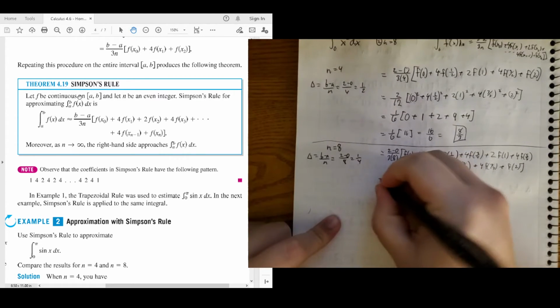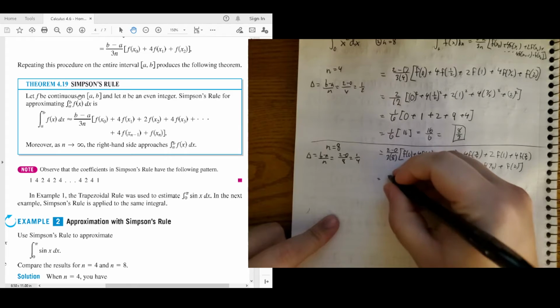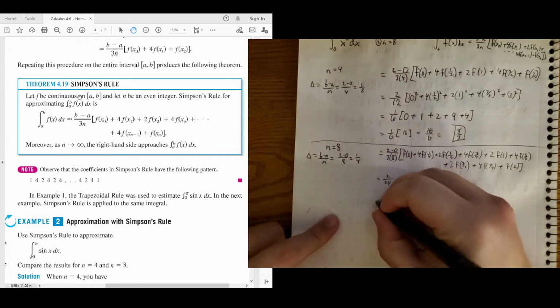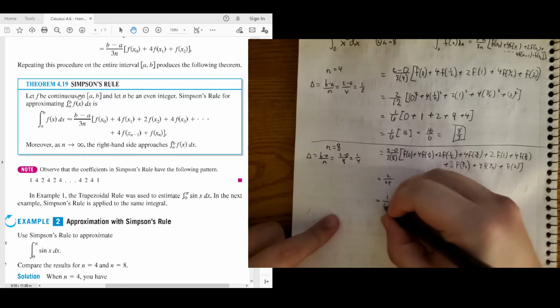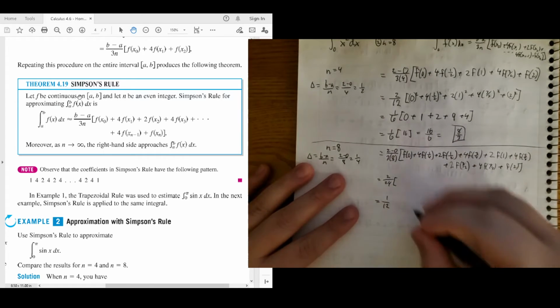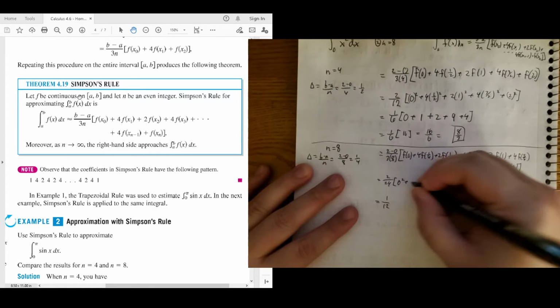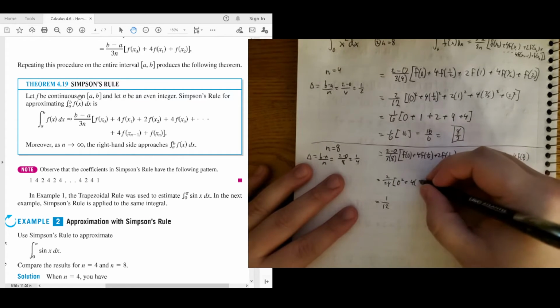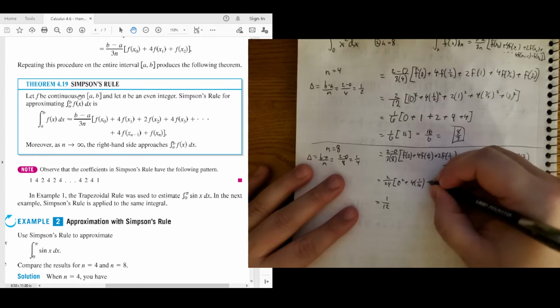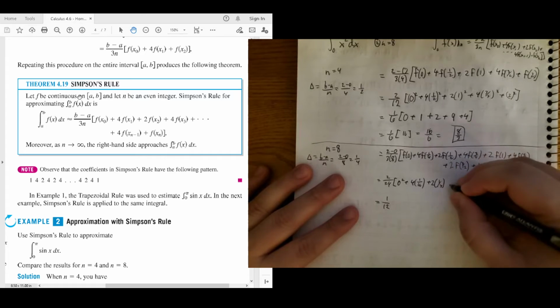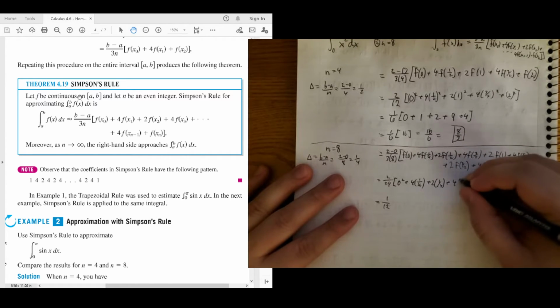So for this function, let's stick with the first piece. 2 minus 0 is 2. 3 times 8 is 24. 2 over 24 is 1 over 12. Times 0 squared plus 4 times 1/4 squared would be 1 over 16, plus 1/2 squared is 1/4, plus 9 over 16.